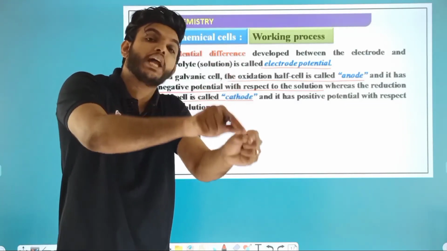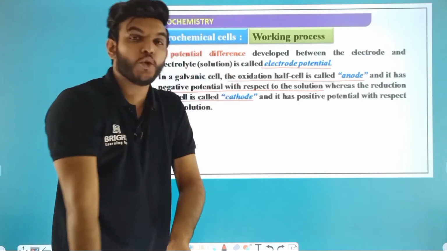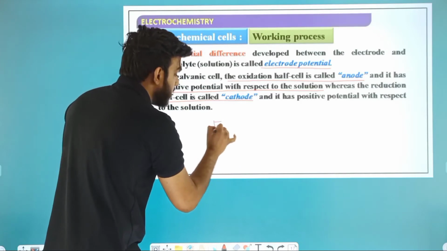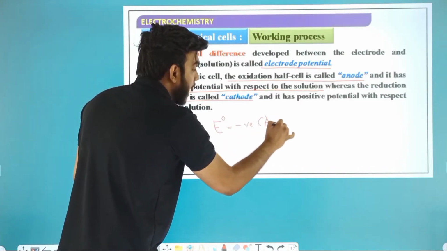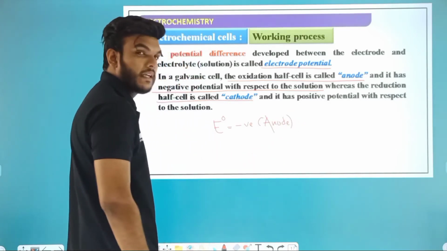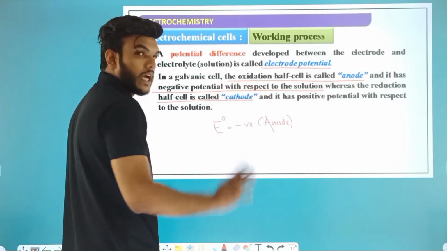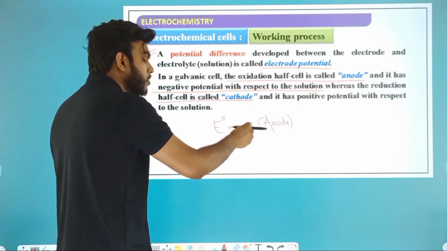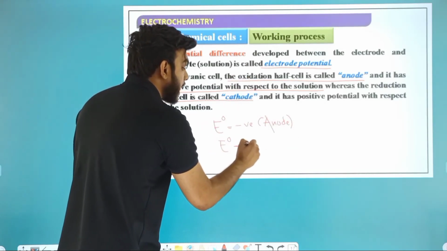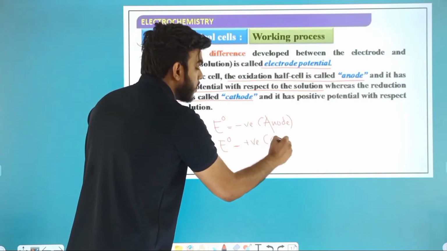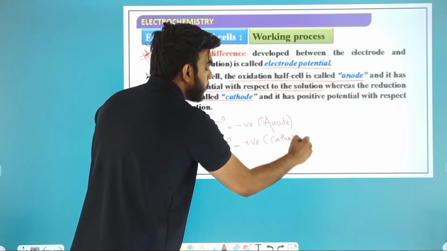So at anode, the E0 value will be negative. Anode is positive, that we already know, but its electrode potential will always be negative, and the electrode potential at cathode will be positive.